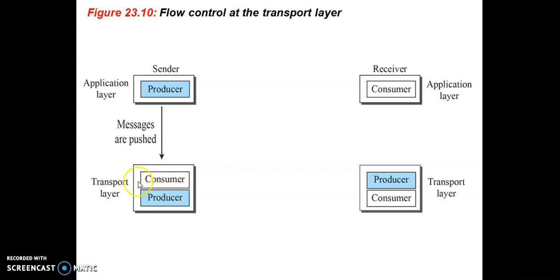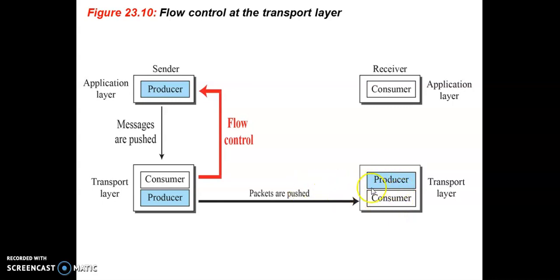The sending transport layer has a double role. It is both consumer and producer. It consumes messages pushed by the application layer producer, and it encapsulates the message in packets and pushes them into the receiving transport layer. The receiving transport layer also has a double role.